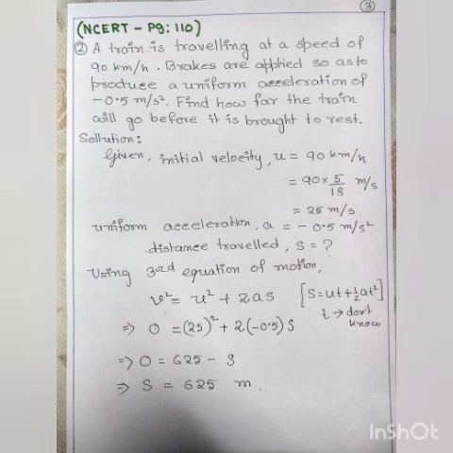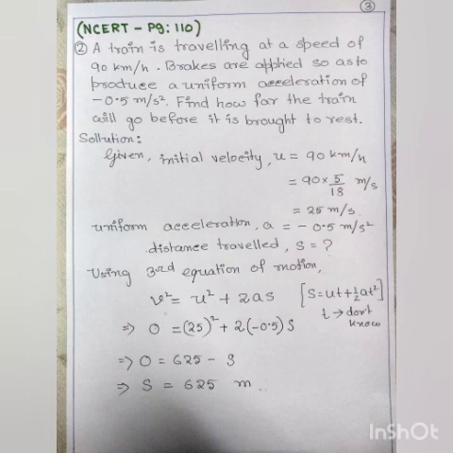Now uniform acceleration a is minus 0.5 meter per second square. So see the sign of acceleration. a is minus 0.5, means it is negative acceleration as brakes are applied here. Clear? So from the value we can decide it is a negative acceleration.